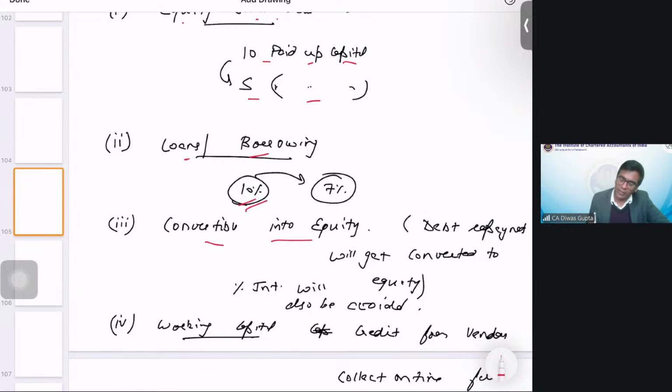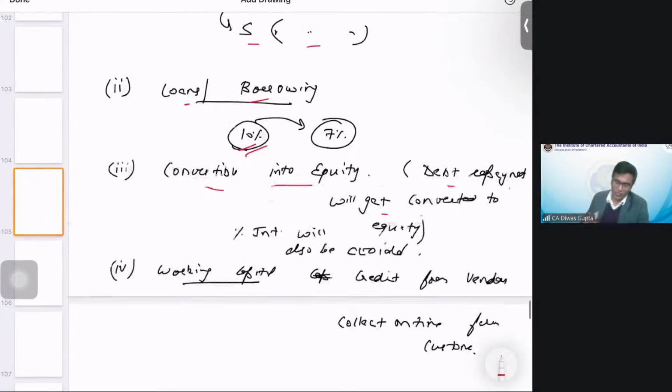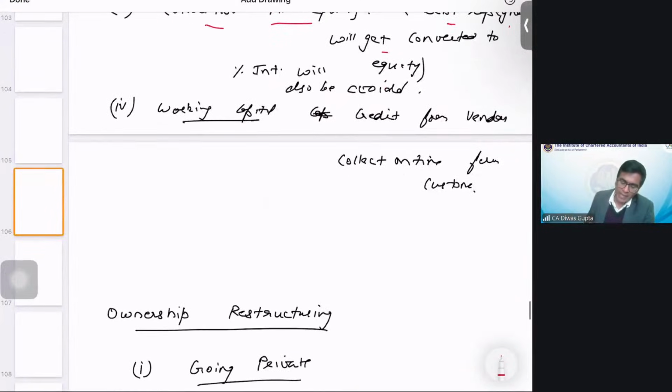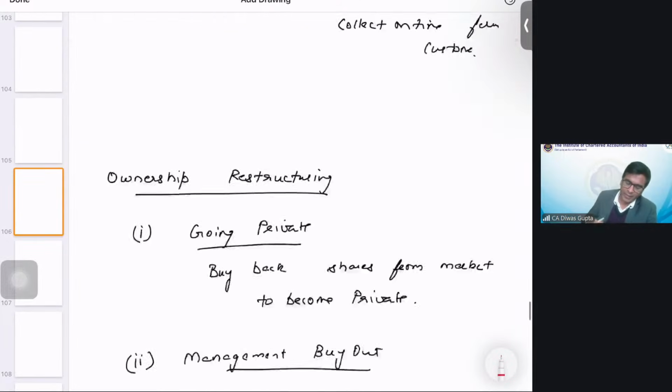Third, convertible into equity. So the debt gets converted into equity, and hence the convertibility portion is also there, so that we avoid the actual cash outflow. And then we also ask for working capital credit from the vendor, so that there is collection happening on time from the customers.